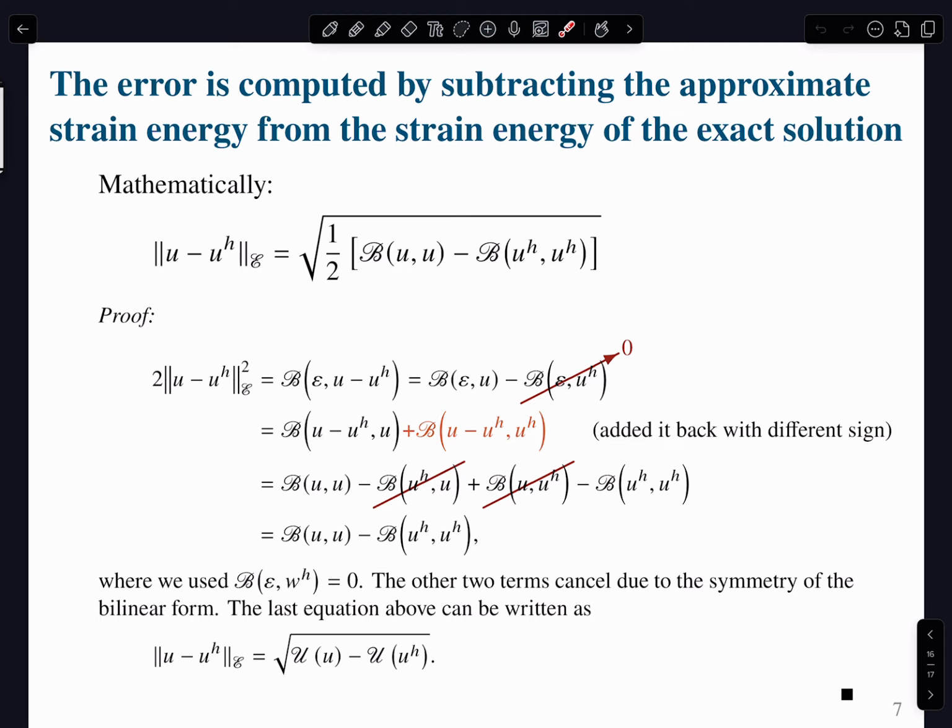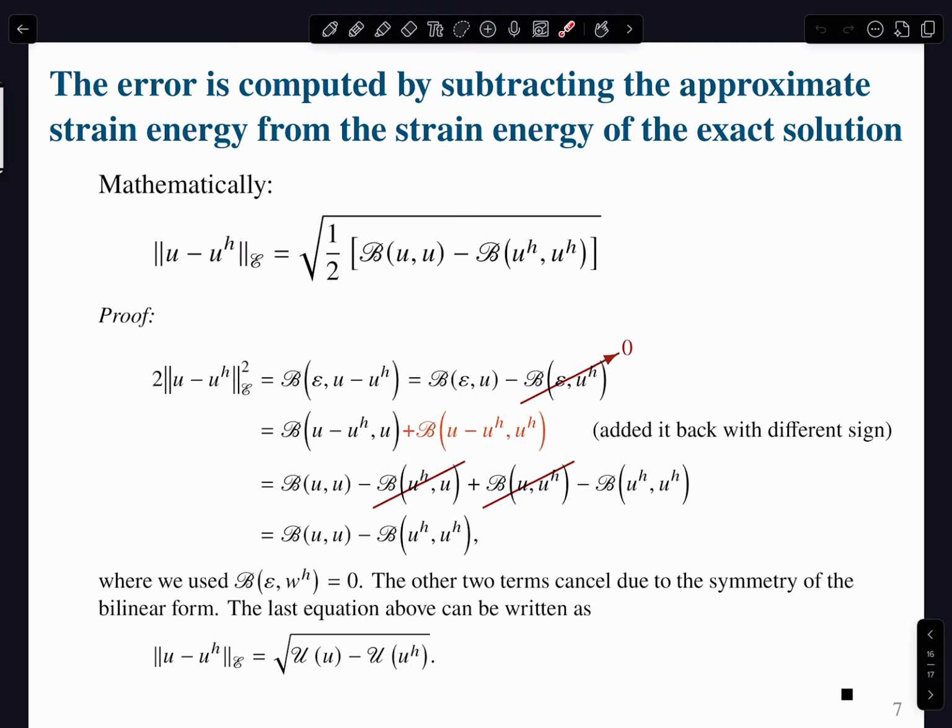In a way, we understand how the error is going to be reduced because the theory tells us that the error is going to be reduced in a certain manner. If I have this equation from theory telling me that the error should reduce in a certain way, and then I solve three different problems, I can use the result of three different solutions to extrapolate what the exact strain energy would be.